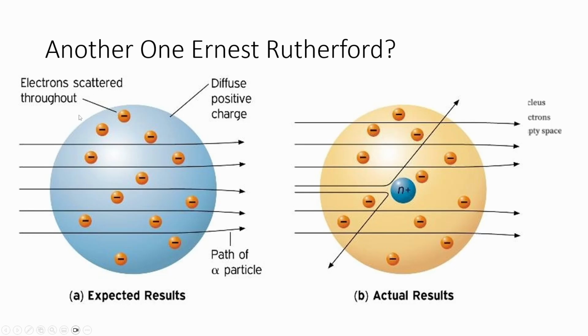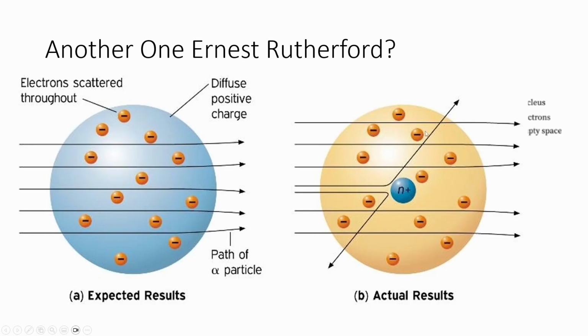So on the left, this is the plum pudding model. So you can see the blue would be the positively charged blob with electrons scattered throughout. And what he expected, so when he shot this positively charged beam, he expected it to go straight through or maybe curve just a little bit.